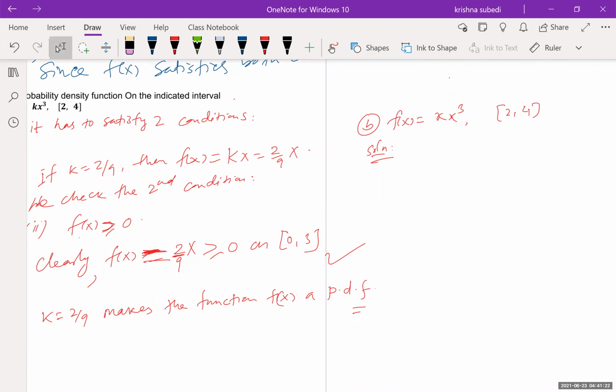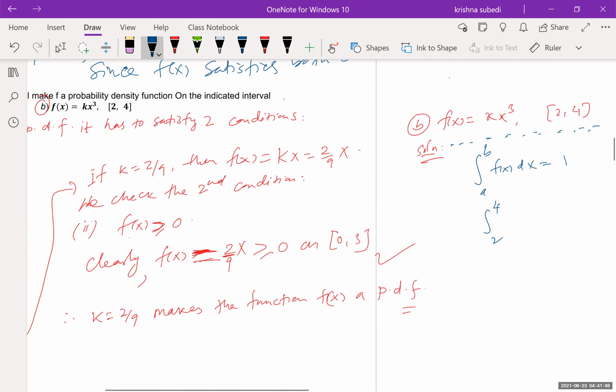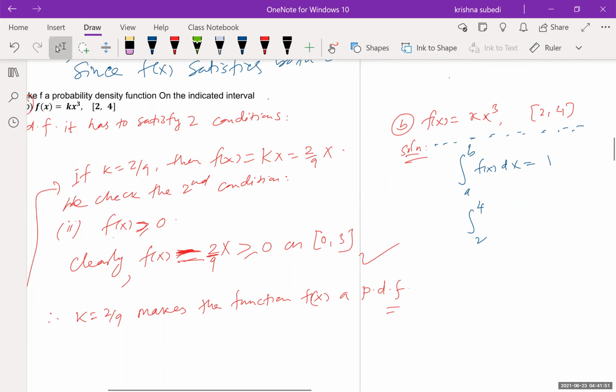Anyway, I trust that you are able to do this on your own. Basically, you start with one of the conditions, which is the integral from a to b of f of x dx equals 1, which means 2 to 4. You need to write why you can do this, but I leave it to you because we have done a similar question just a few minutes ago.